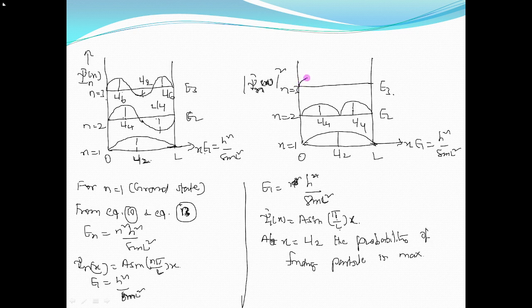Here also we can write L by 6 and L by 2. Here the energies are E2 is equal to 4 E1 and E3 is equal to 9 E1.